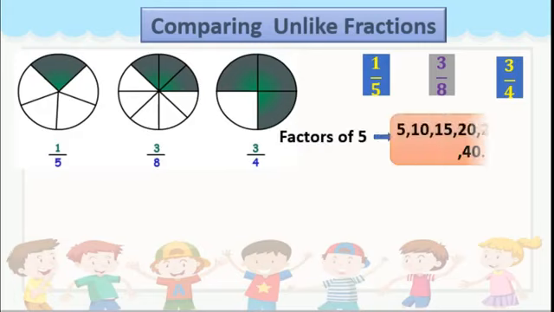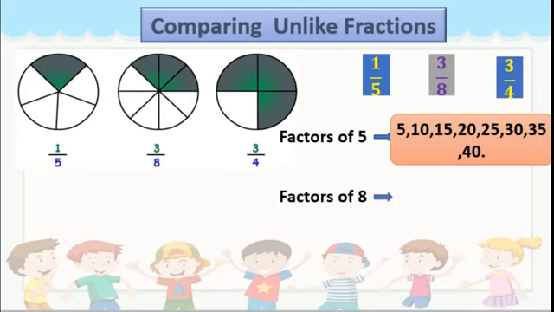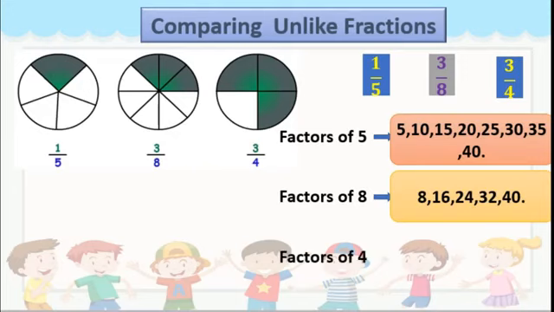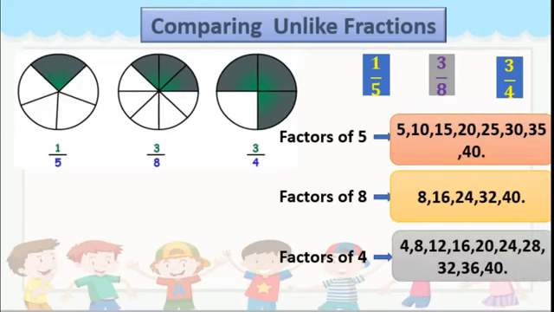See, multiples of 5 are 5, 10, 15, 20, 25, 30, 35, 40. Okay, and multiples of 8: the 8 table we have to write. 8, 16, then 24, 32, 40. Okay, and multiples of 4: the 4 table, up to 40, because we need the same number in all the 3 multiples.